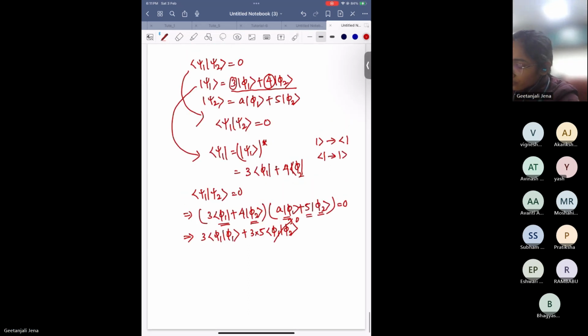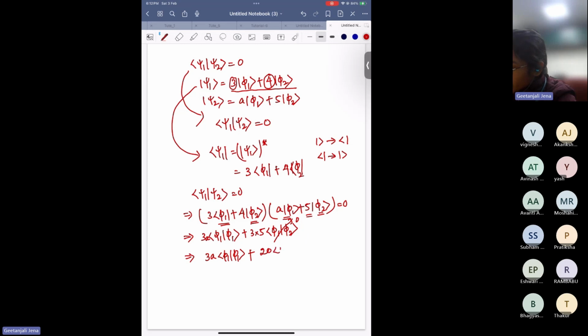So now if you take 3a phi 1 plus 20 phi 2 equal to 0.